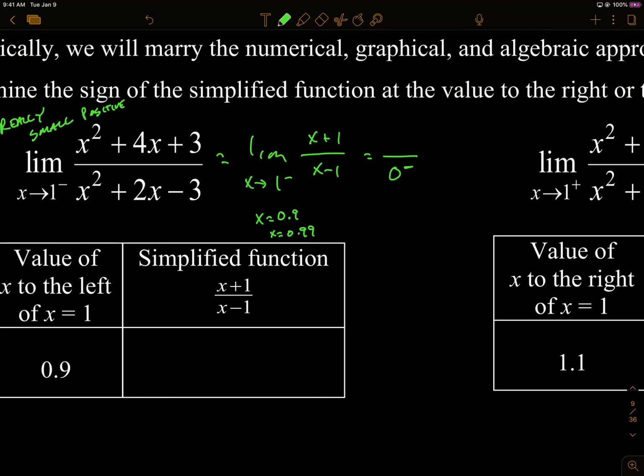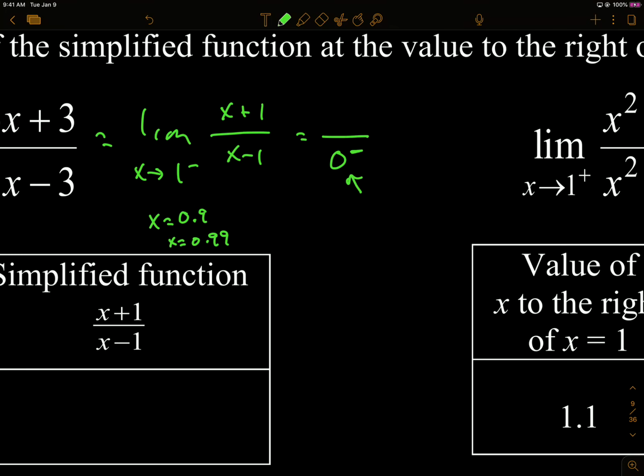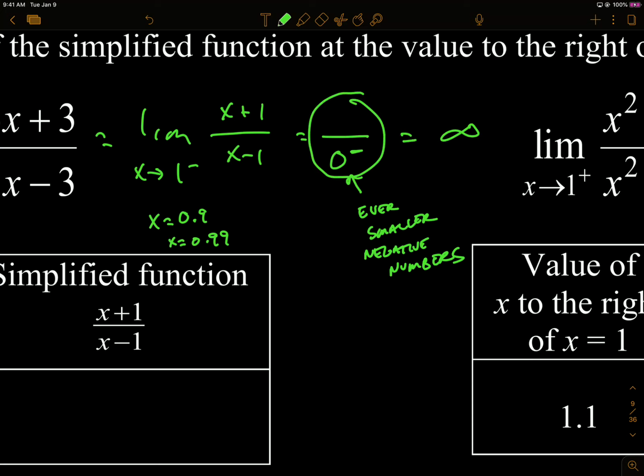So what this means is ever smaller negative numbers, which means this number overall is going to go to infinity or negative infinity. Because think about when you divide a number by a small number like 1/10, but then you make it even smaller, 1/100th, and then even smaller, dividing by 1 over 1,000.